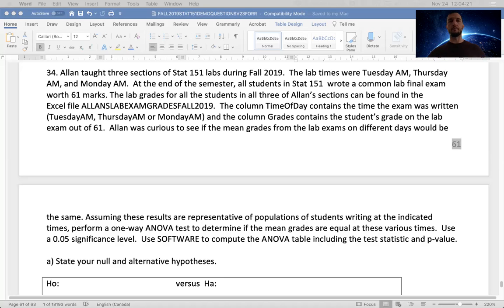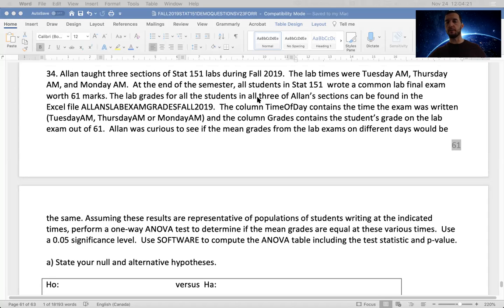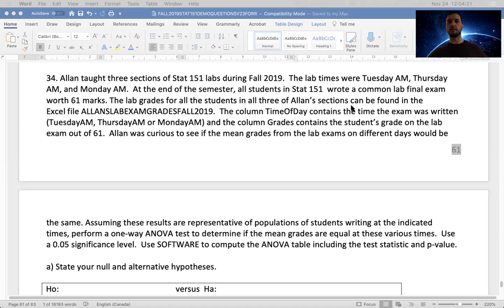All right, so Alan taught 3 sections of 151 during fall 2019. The lab times were Tuesday AM, Thursday AM, and Monday AM. At the end of the semester, all students in STEP 151 wrote a common lab final exam worth 61 marks. The lab grades for all the students in all 3 of Alan's sections can be found in the file Alan's lab exam grades, fall 2019.